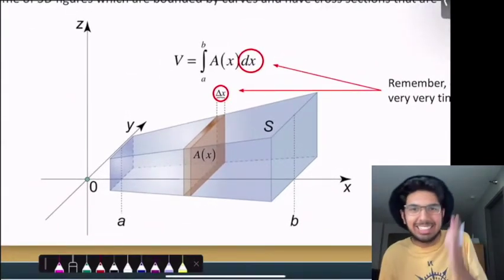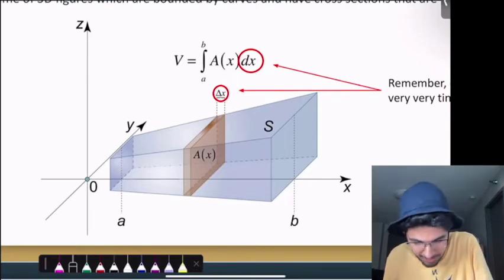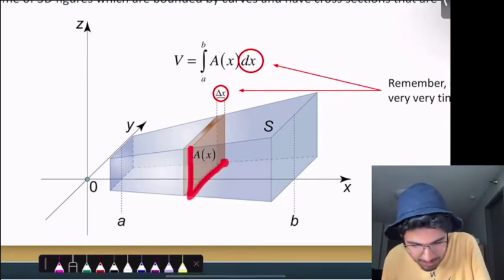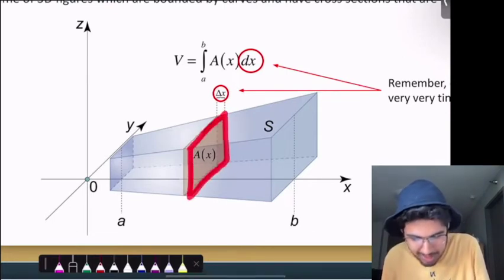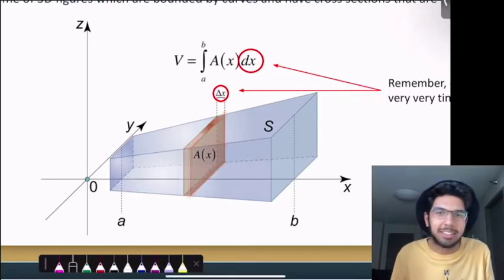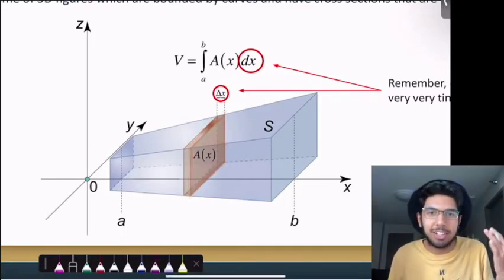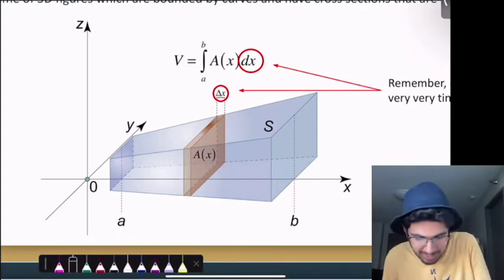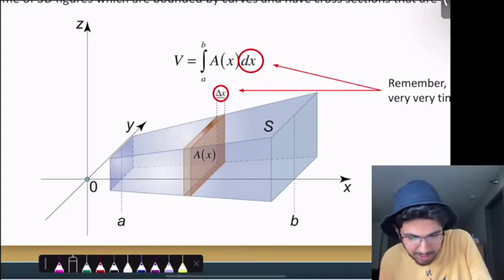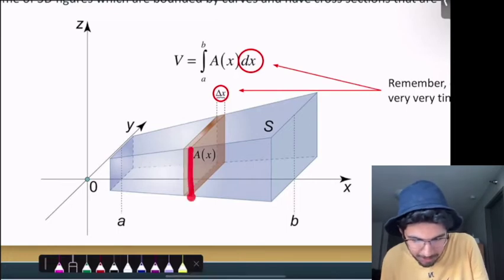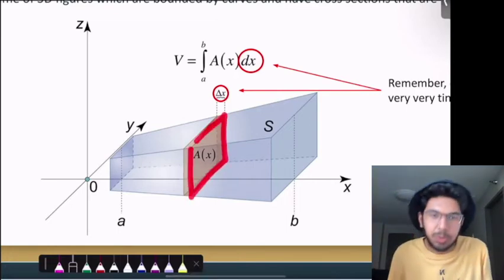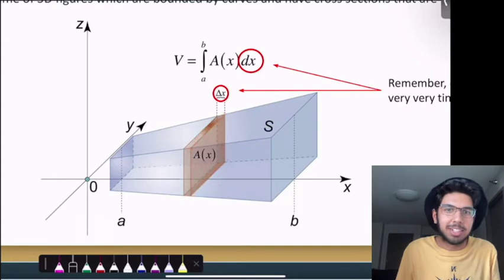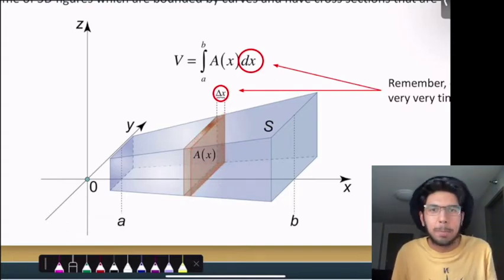We're slicing down on our 3D figure, and A of x is going to be the area of the shape that I just highlighted in red there, the area of that cross-section. In this case, it looks like a square or a rectangle, right? So we know how to find the area of a square or a rectangle. That should be pretty easy to do.